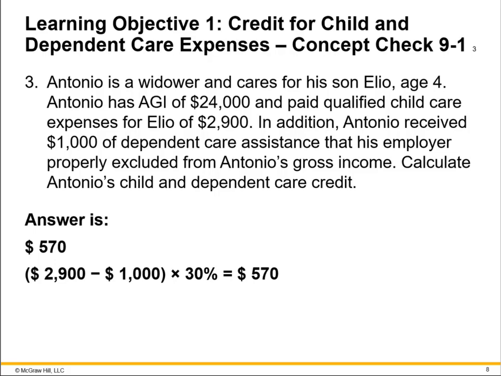So 2,900 minus 1,000, he really only paid 1,900. We use the lowest of the three. It's not his income. That's not the lowest of the three. 3,000 for one qualifying individual is not the lowest, but 1,900 is. So we take that and multiply it by 30%, the rate using the AGI of 24,000, and we get a $570 credit.